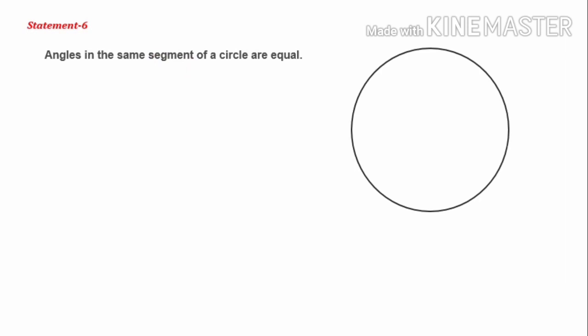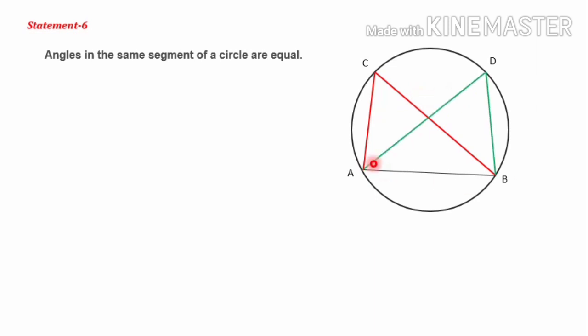Suppose there is a circle and I have taken a chord AB and I have considered a point C on the major segment, that is on the upper portion, and this chord AB makes angle ACB with the point C. And again I am taking another point D on the same major segment, and the chord AB makes angle ADB with the point D. So these two angles are equal.